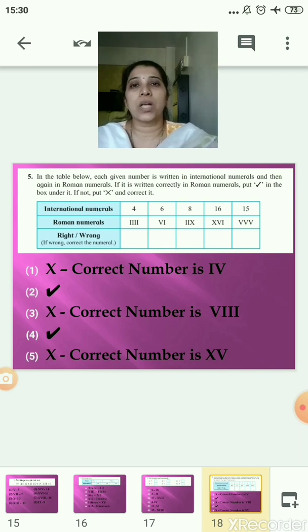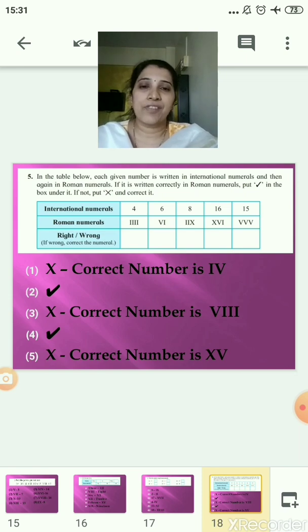If not, put a cross mark and correct it. So they have given a table wherein they have given the international numerals. Then they have given accordingly the Roman numerals, and we have to identify whether for that required international number, that Roman numeral is written right or wrong.